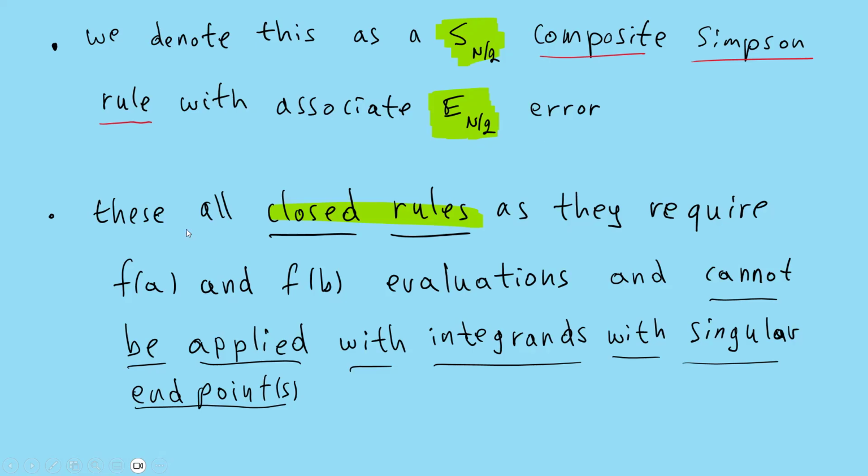These are closed rules as they require evaluating the function at a and b. For this reason, they cannot be applied with integrands with singular endpoints.